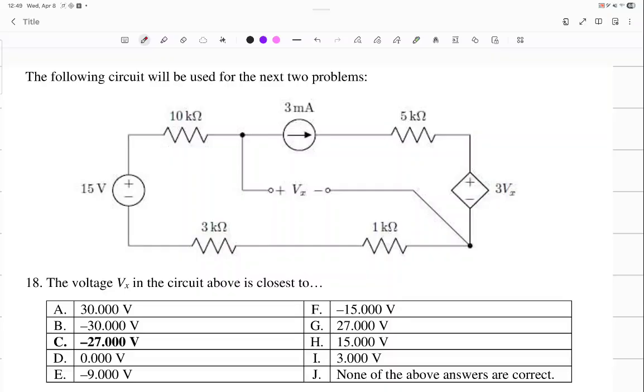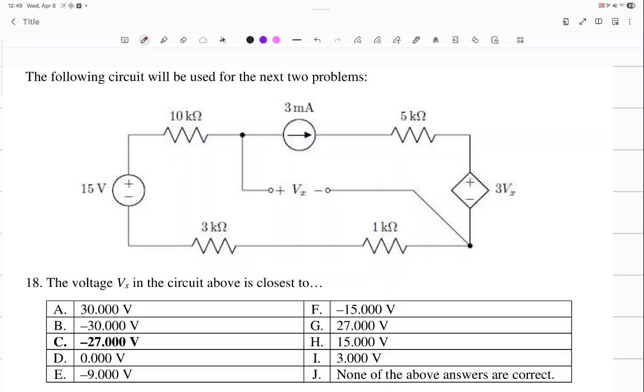Vx is defined for a specific node, and if you combine the resistors, you are destroying your knowledge of Vx. You could add the 1K and 3K, yes, you can add them. Can you do a KVL from 15 volts to 10 and then go over Vx?